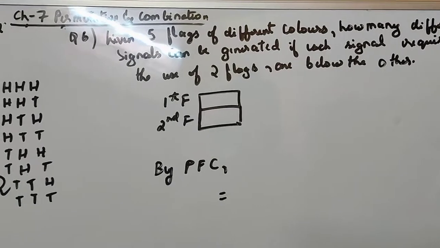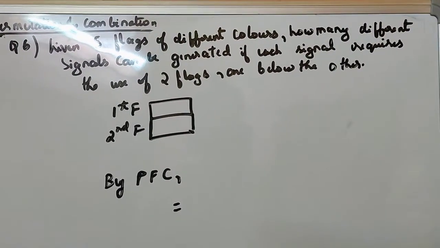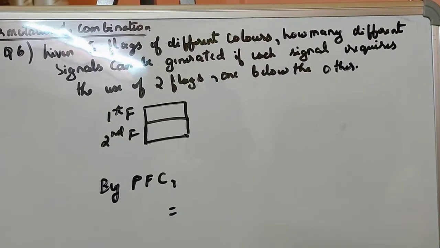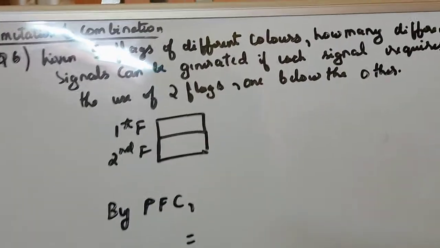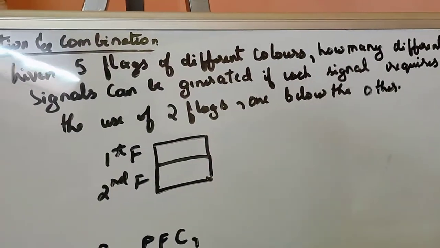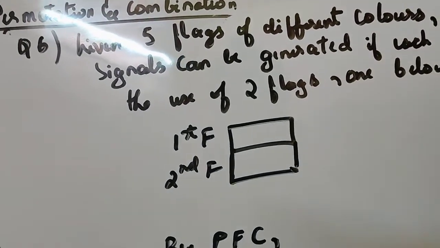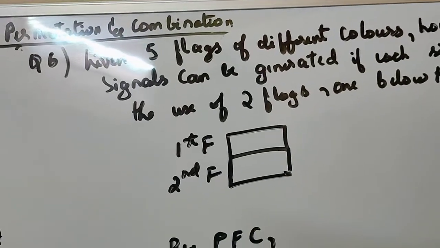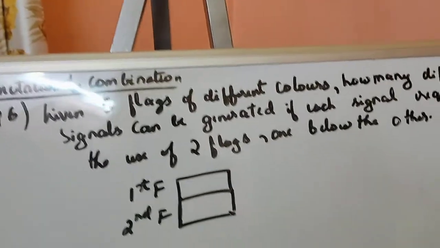Question number 6. Given 5 flags of different colors, how many different signals can be generated if each signal requires the use of 2 flags, one below the other? A signal is a combination of 2 flags, one below the other. That means we cannot use the same color, 5 flags of different color.